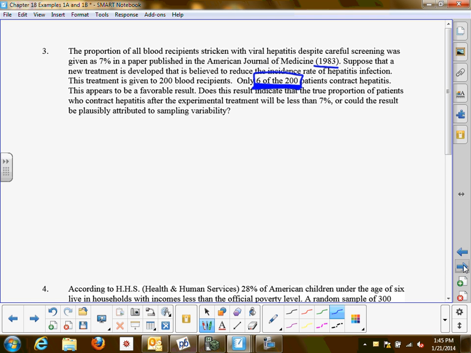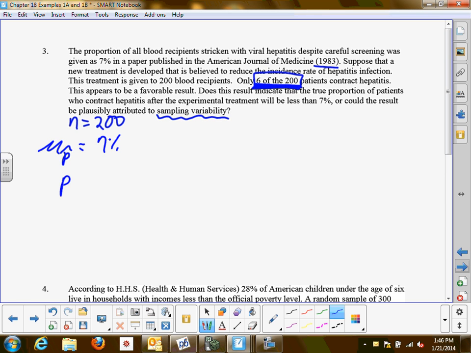In fact, here's the question. Does this result indicate that the true proportion of patients who contract hepatitis after experimental treatment, after this new way of checking the blood, is less than 7%? Or is it just happening because of sampling variability? Is it just happening because it's within 2 standard deviations and that just happens? All right, let's see. N is 200. The mean of the sampling distribution is 7%.